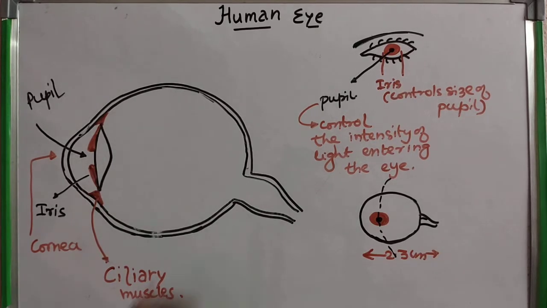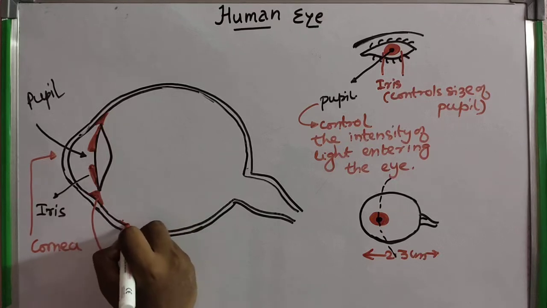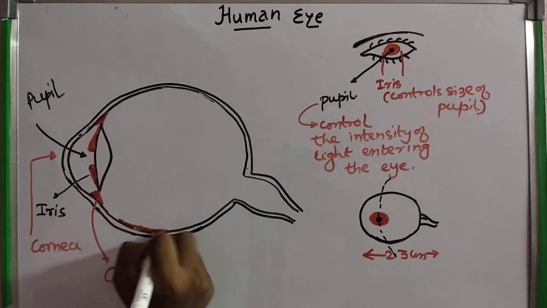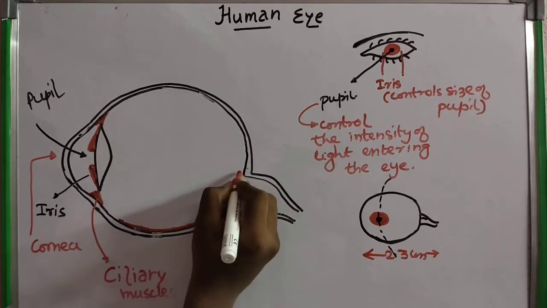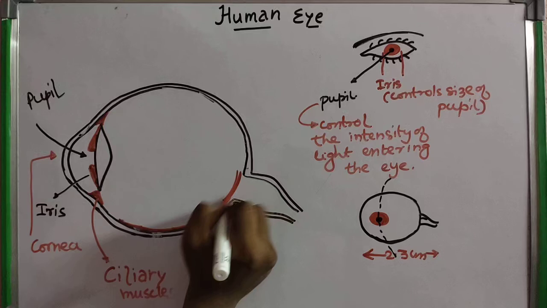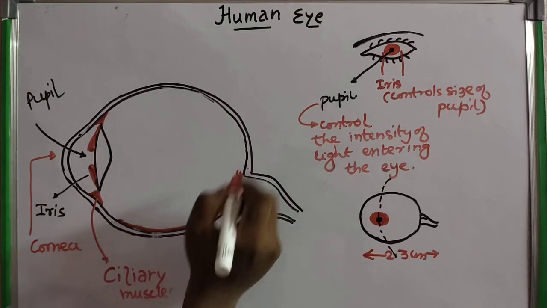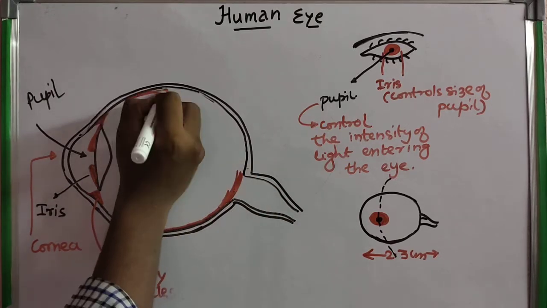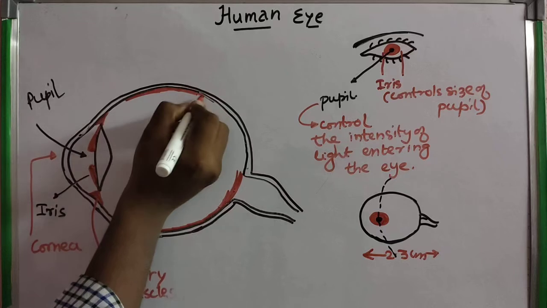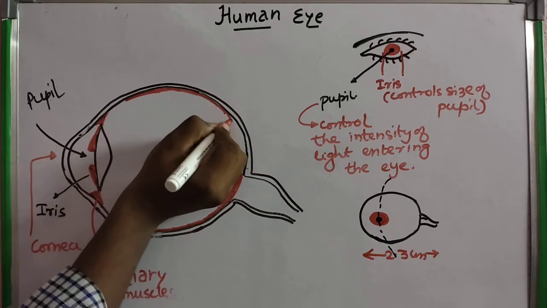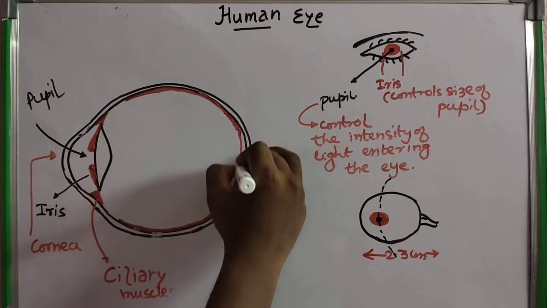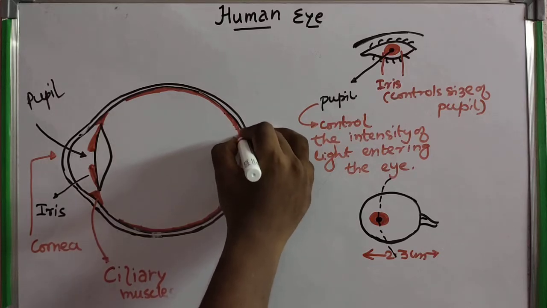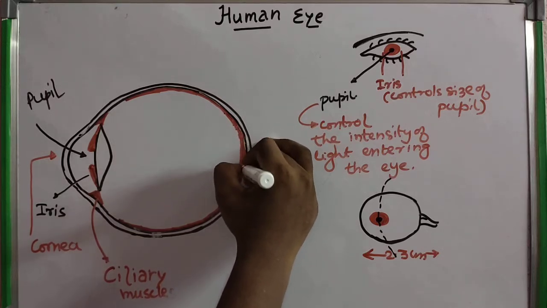Now there is a layer which I am drawing with red on the inside of the eye. This layer acts like a screen. See, the convex lens image will be formed on it.